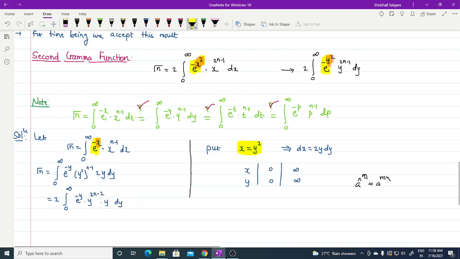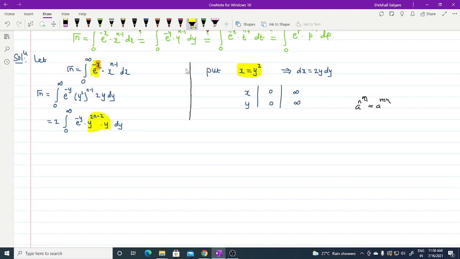And if you take these two terms together, why am I taking these two terms together? Because their base is same, so you have to add the power. So it can be written as 2 times integral 0 to infinity e raised to minus y square, y raised to 2n minus 2 plus 1 dy, and that we are getting the answer.